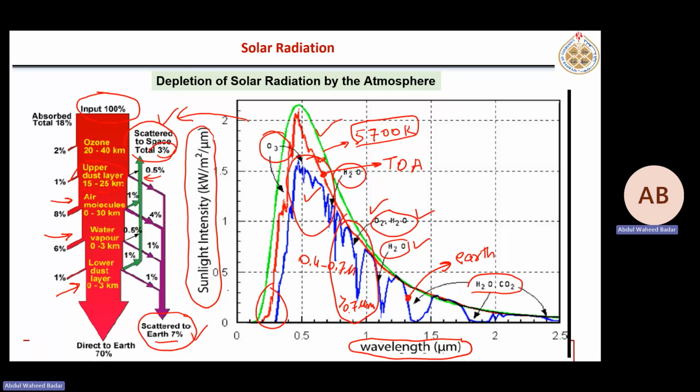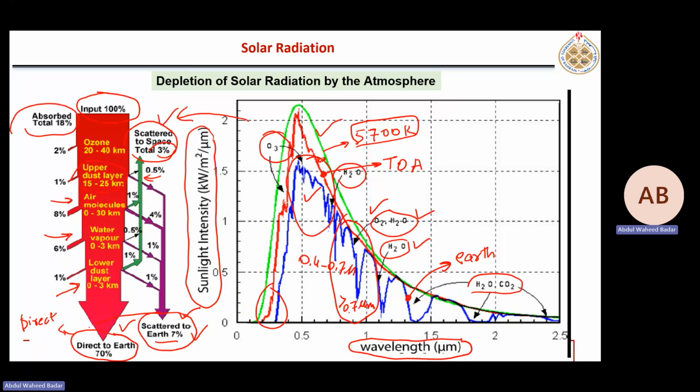Okay, and the part which gets absorbed is shown here, about 18%, that will be absorbed by the atmosphere. And the remaining, maximum about 70% on a clear day, not every day, could reach the surface, both the direct radiation, which was not affected by the atmosphere, and this indirect radiation, which is also called diffuse radiation.